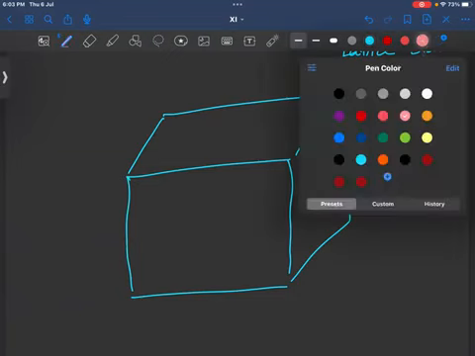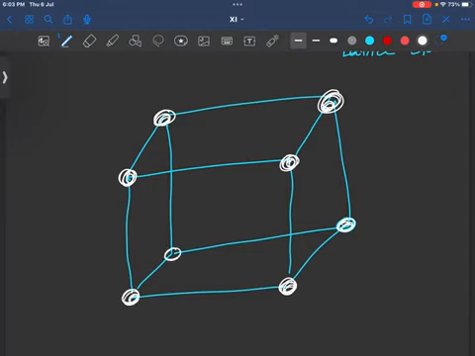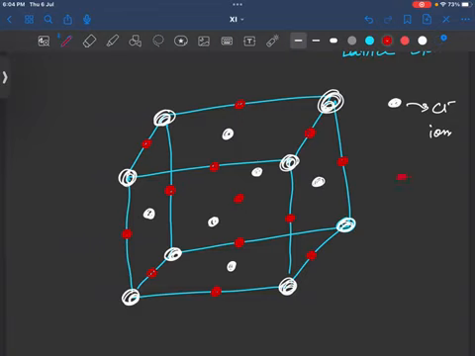And what is the meaning of lattice? तो ये जो white color के these are Cl minus ions and the red color guys are Na plus ions.